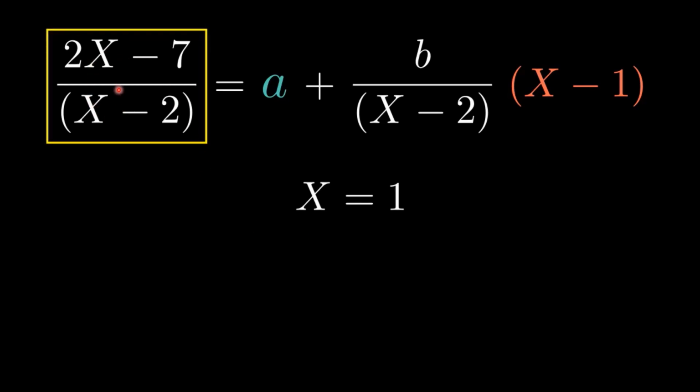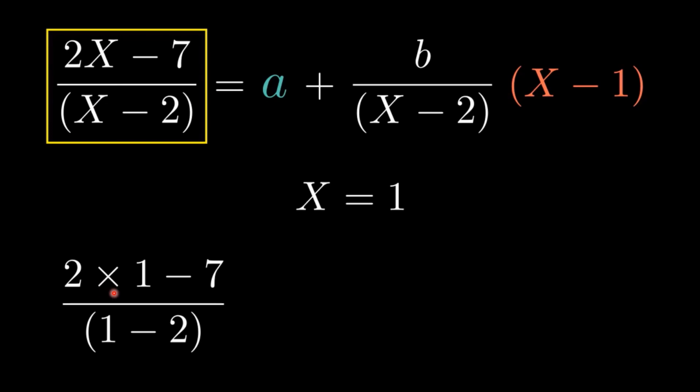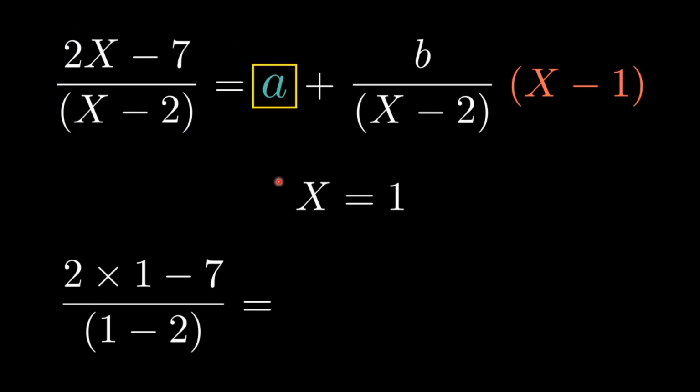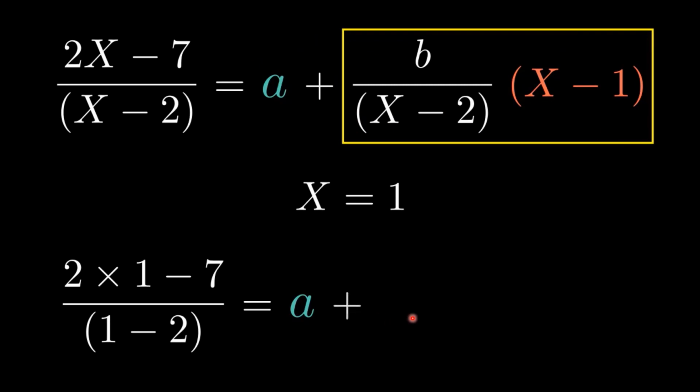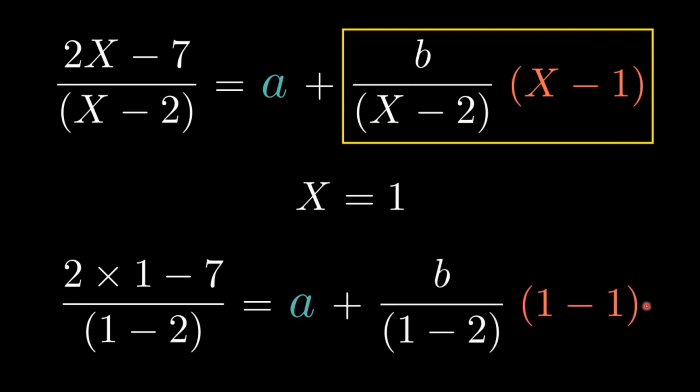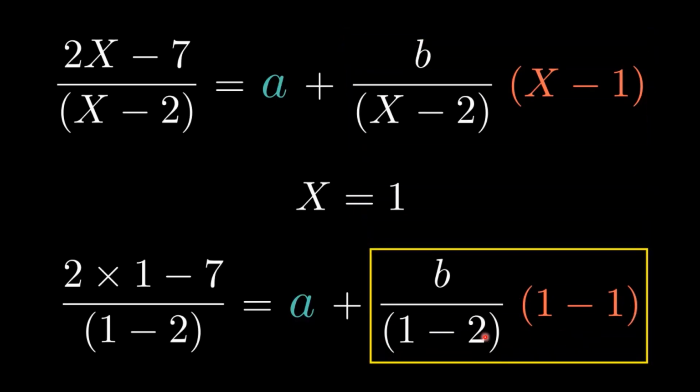So here we have 2 times 1 minus 7 over 1 minus 2. Here a is a constant, plus b over 1 minus 2 times 1 minus 1, which is 0.